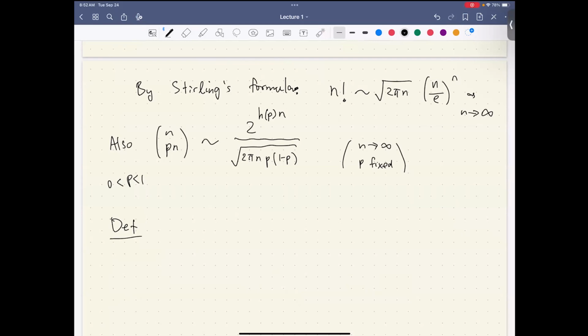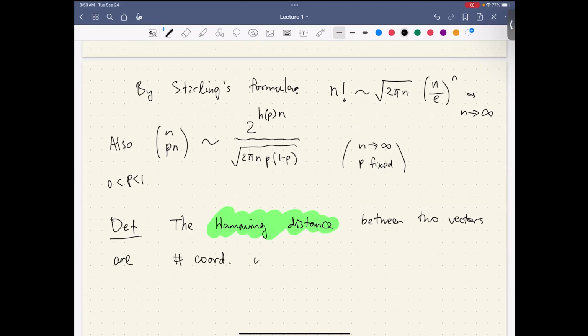If we have two vectors, the Hamming distance between them is the number of coordinates where they differ.